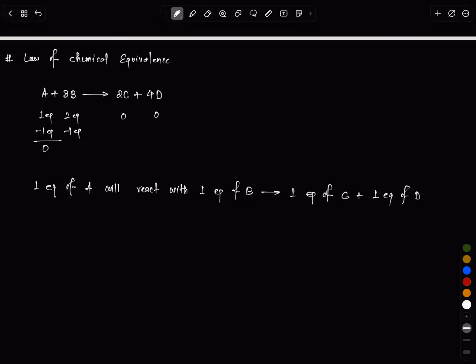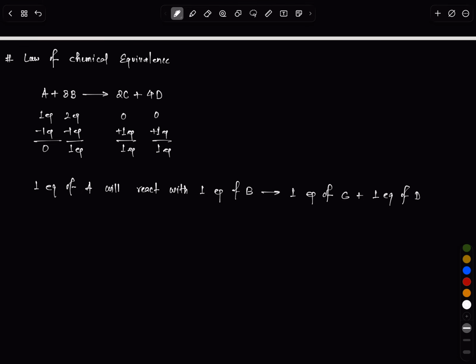So A will get totally consumed, and one equivalent of B will remain. One equivalent of C will form, and one equivalent of D will form. So this will be the final composition after the reaction, where A got consumed completely because it was acting as the limiting reagent. I took one equivalent of A and two equivalent of B just to show that A is getting consumed and it has nothing to do with the stoichiometric coefficient.